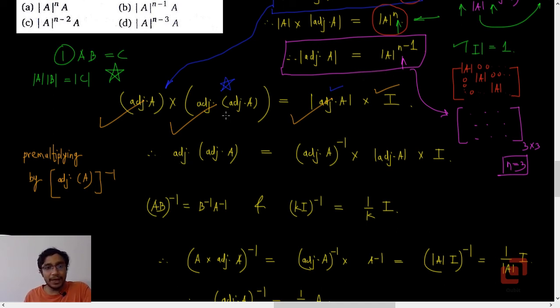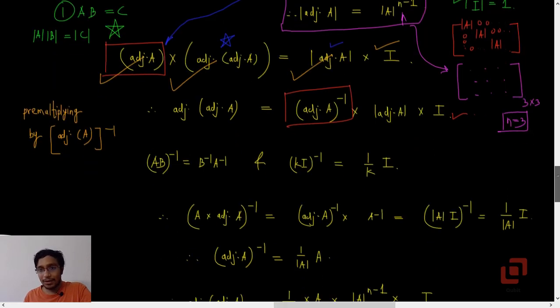So see what happens when you pre-multiply by the inverse of the adjoint of A. This matrix goes, because its inverse into that matrix will be the identity matrix. On the right hand side it is going to be adjoint A's inverse into determinant of adjoint A into identity matrix.